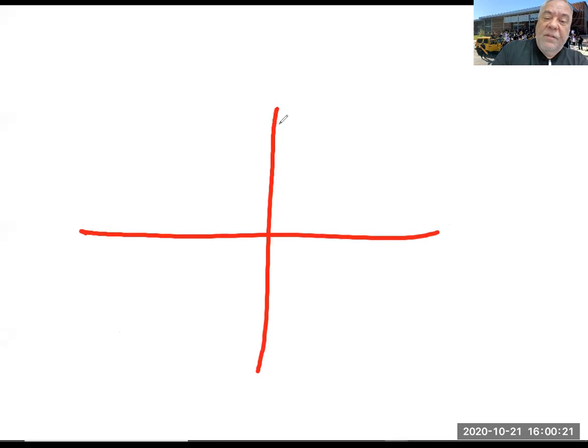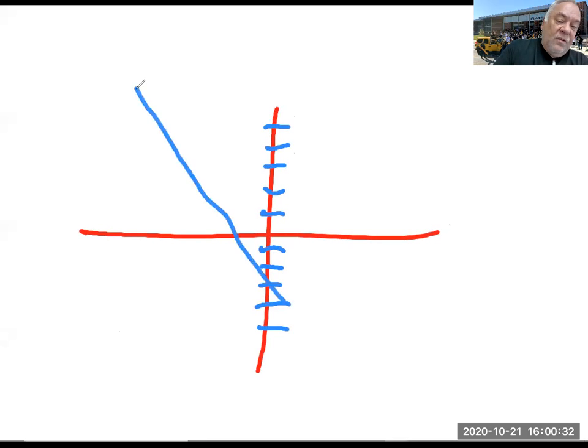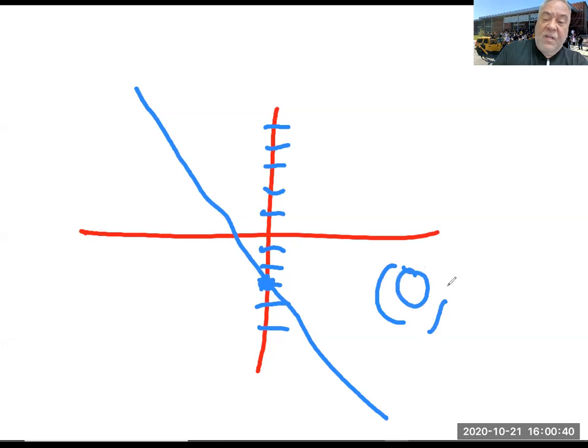So it's going to be along the y-axis somewhere. So x is 0, y is some value. And if they've given you a line, and it looks like this, okay, then the y-intercept is there. So the value would be x is 0, y in this case 3.